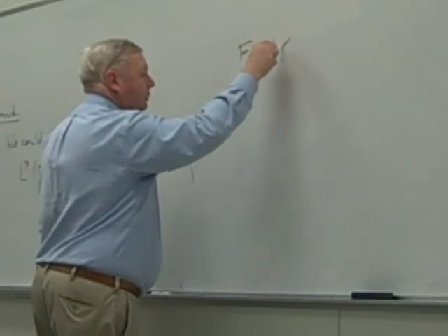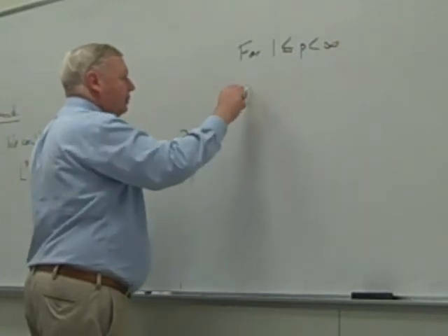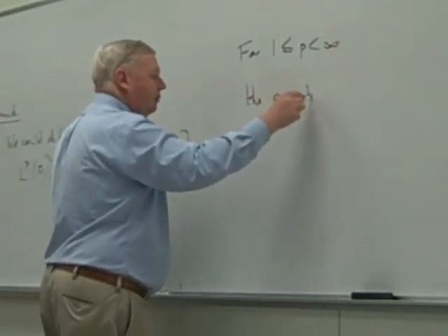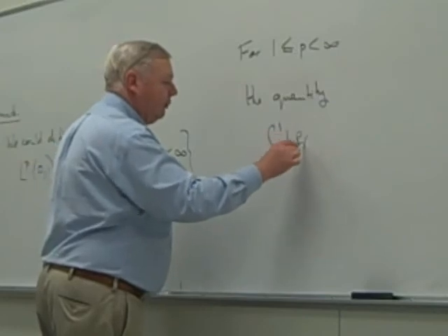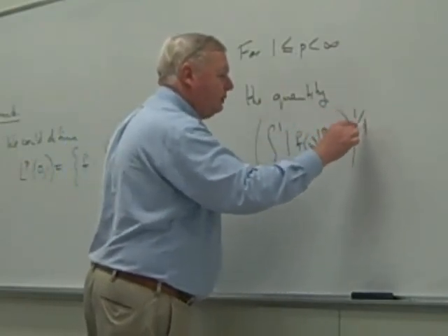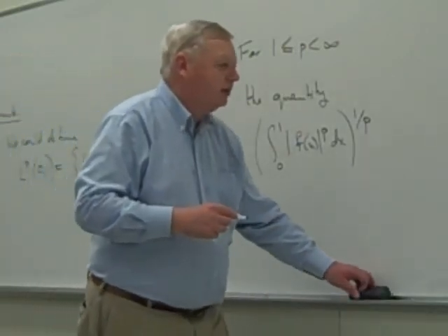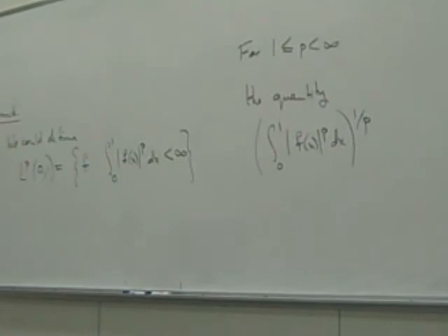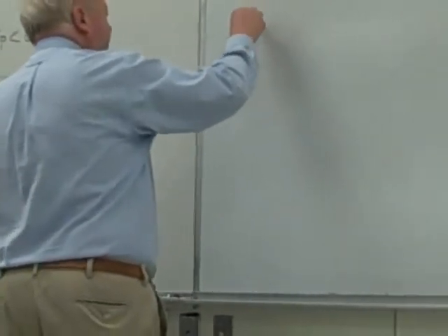So for 1 less than or equal to p less than infinity, the quantity integral 0 to 1 absolute value f of x to the p dx, and then raised to the 1 over p, this quantity defines a norm.